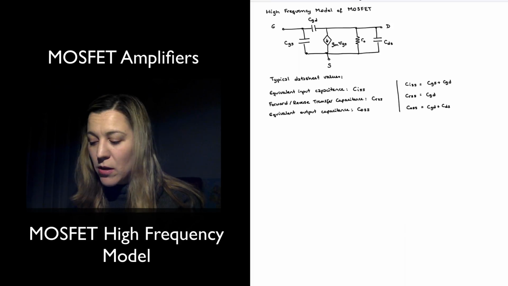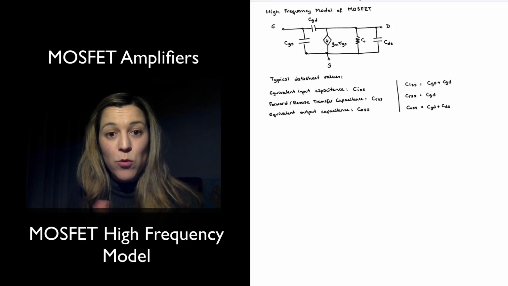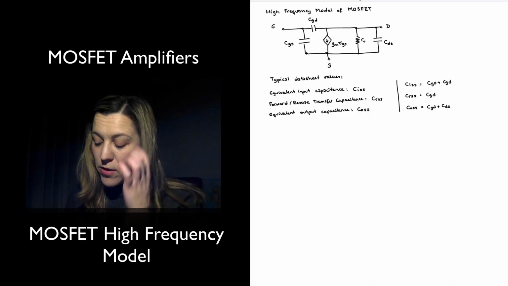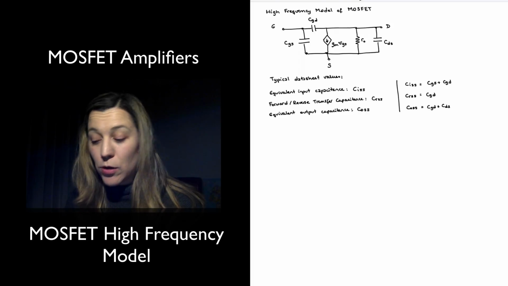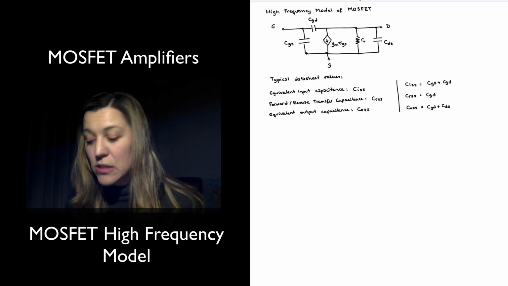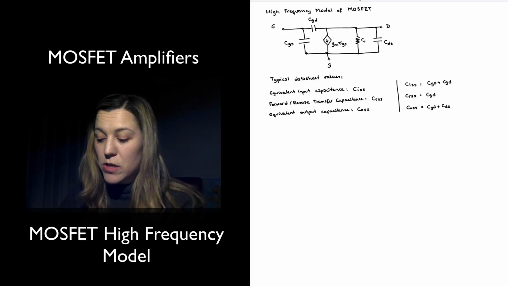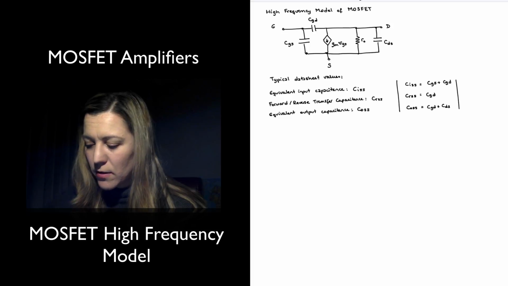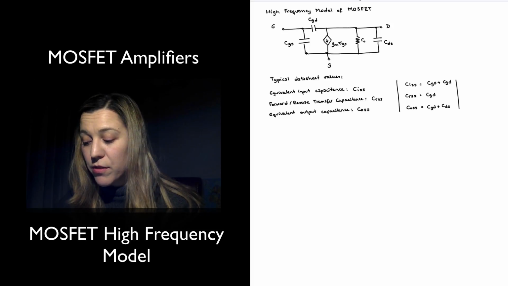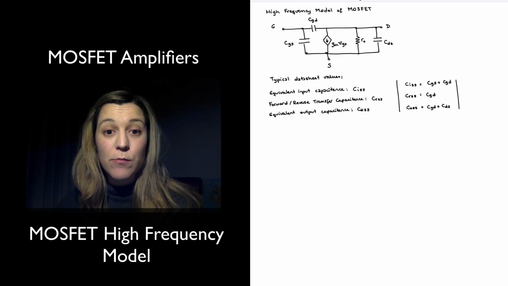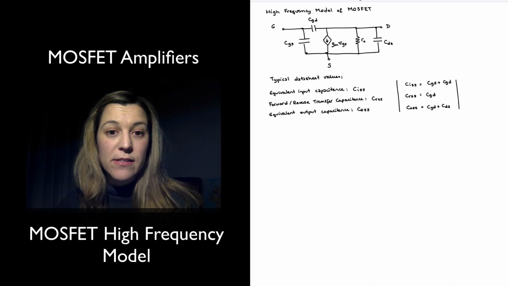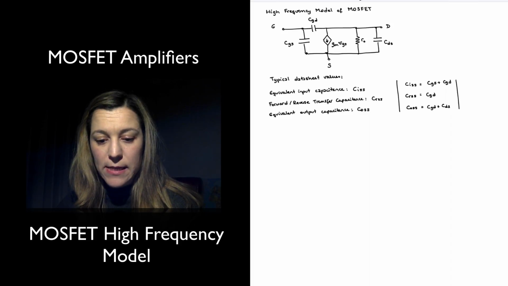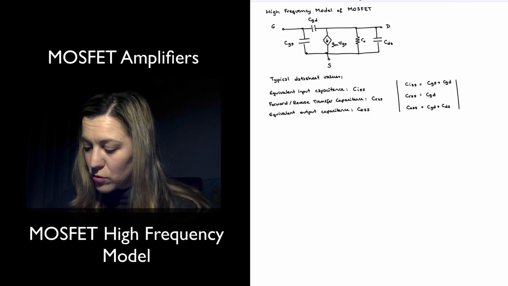Now, typically, what we want to do is go backwards, go from the values of the data sheets, to be able to calculate the value of CGS, CGD, and CDS. And so we can sort of revert these equations and come up with values of CGS, CGD, and CDS in terms of CISS, CRSS, and COSS. So results will be in here.